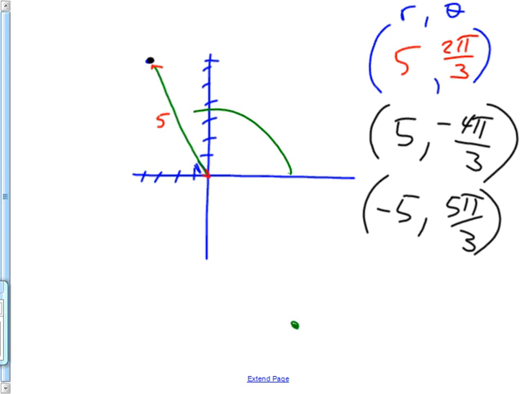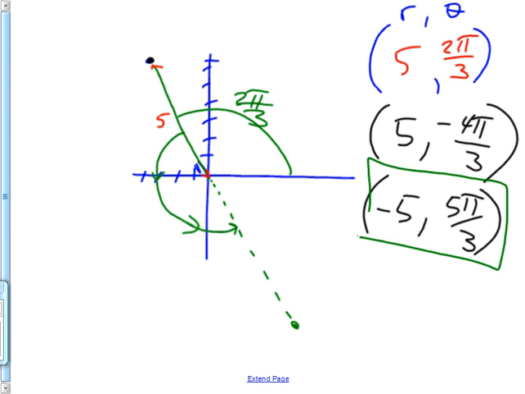Well, if this was 2 pi over 3 for an angle, then if you just keep going, this would be 3 pi over 3, 4 pi over 3, 5 pi over 3 would be our angle to get to that spot. And then the negative will bounce it over there. So you are correct. This will get you to the same exact spot. You'd start here, and then the negative of the 5 would make it go whoop, whoop, over to there. Okay?